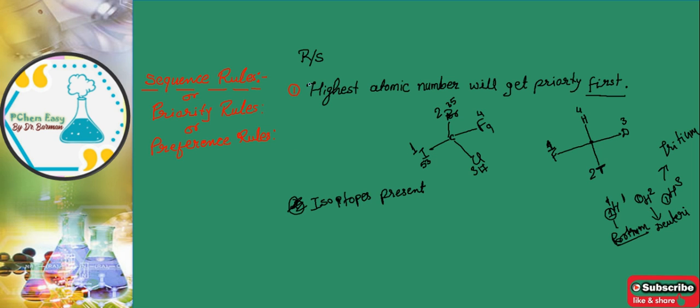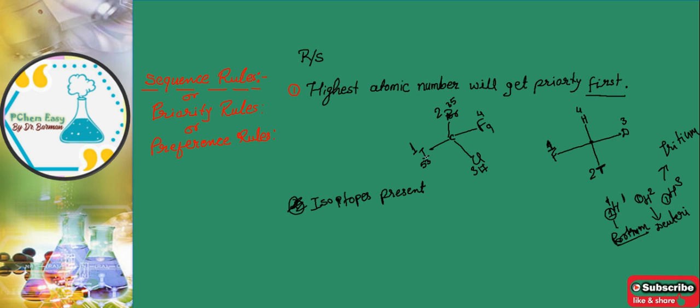See the first rule: we have to see the atom with the highest atomic number. Suppose there are four different groups. Out of those four, which one has the highest atomic number? On the basis of that, we will assign the priority.